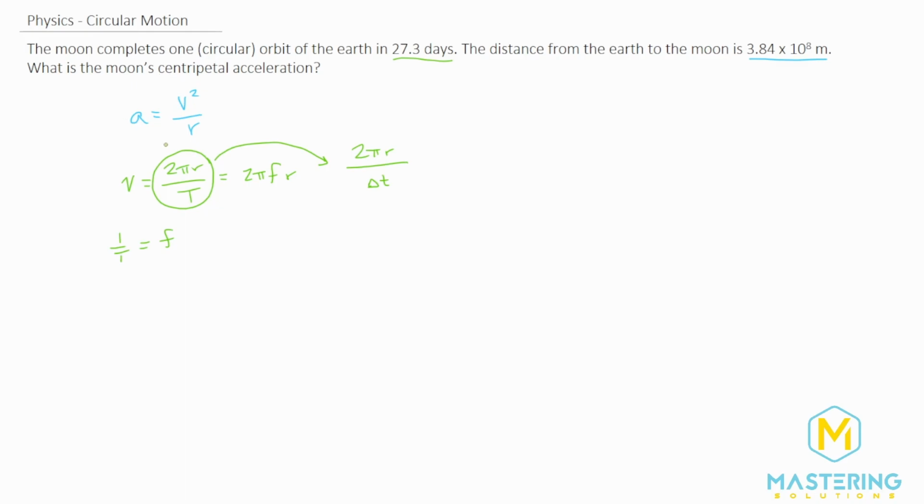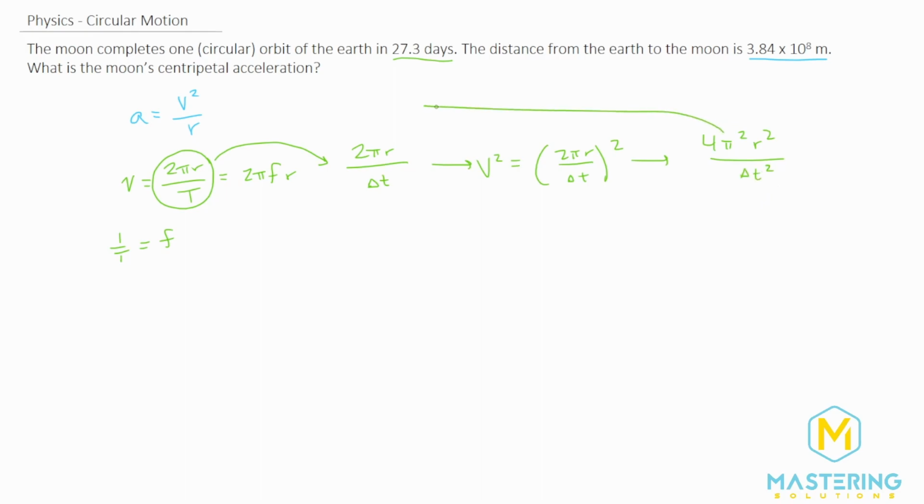What we need for acceleration is the velocity squared. So let's square all of this. First, let's rewrite it. So v squared is equal to all of this squared, so 2 pi r over delta t, squared. So that's going to give us 4 pi squared r squared divided by delta t squared.